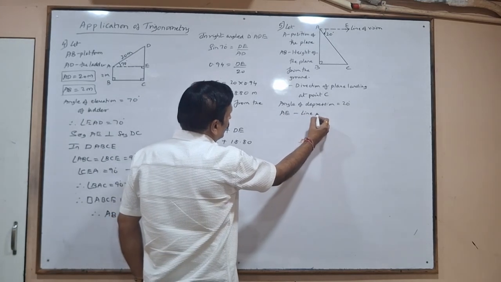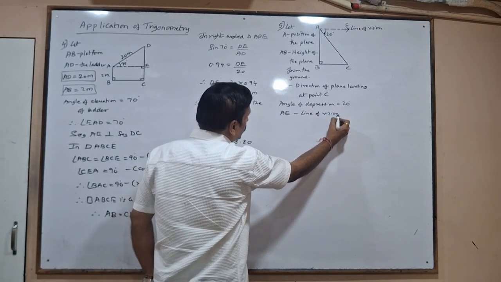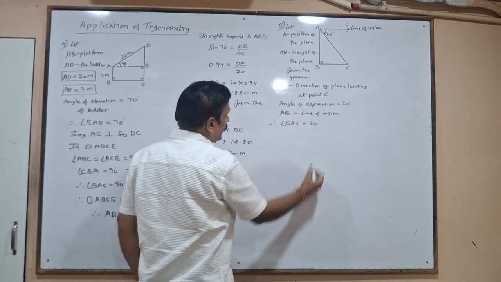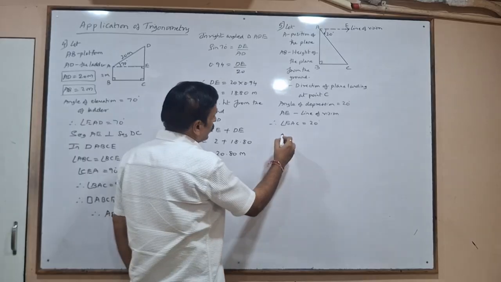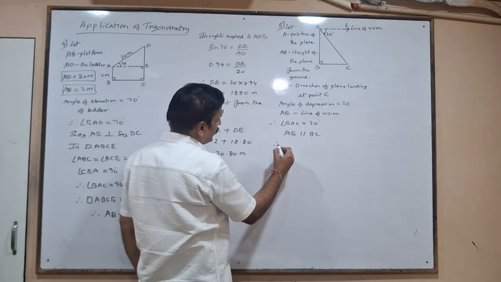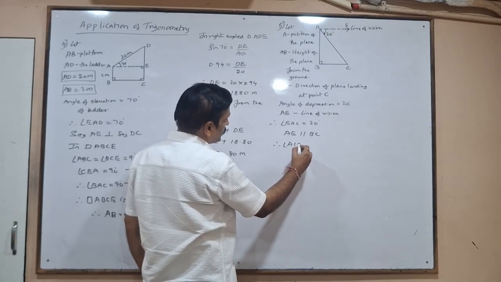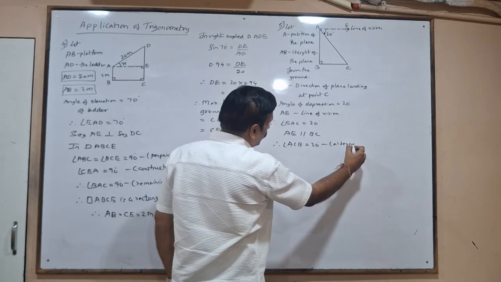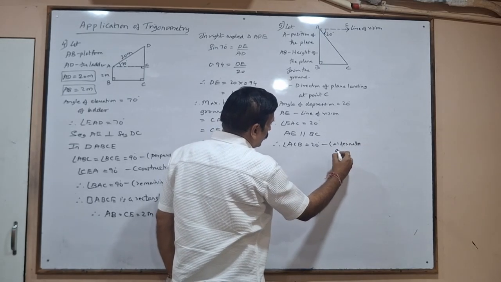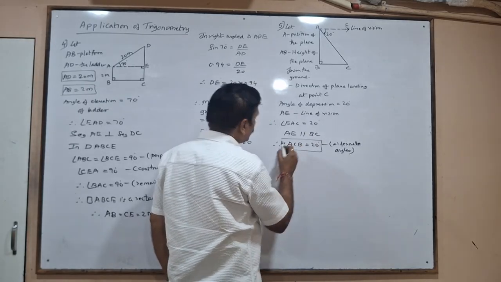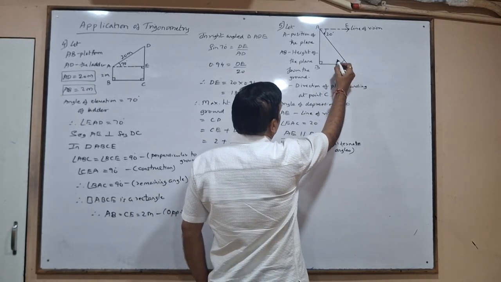AE, line of vision, therefore EAC is equal to 20 degree. AE parallel to BC, therefore angle ACB is equal to 20 degree. Alternate angles. So this is 20.